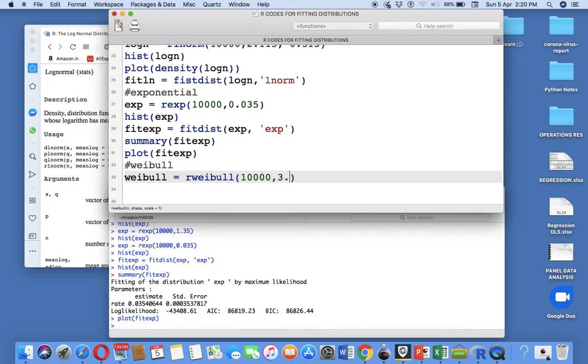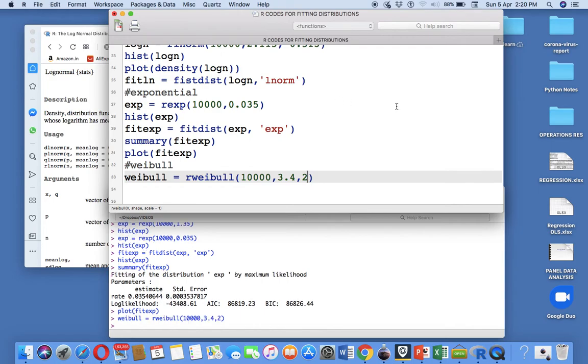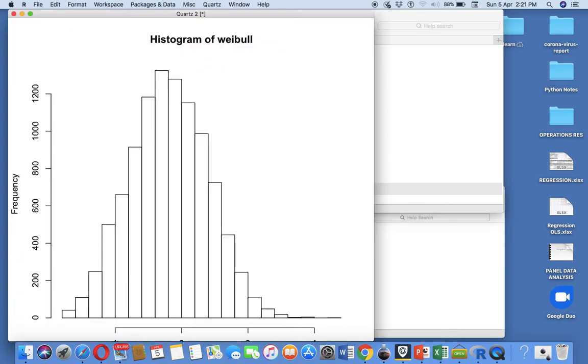3.4, 2. So generated. And we'll get a histogram. Histogram of a Weibull distribution is fairly okay.